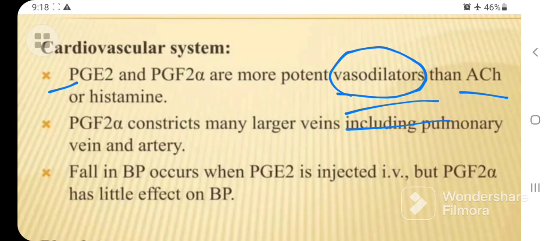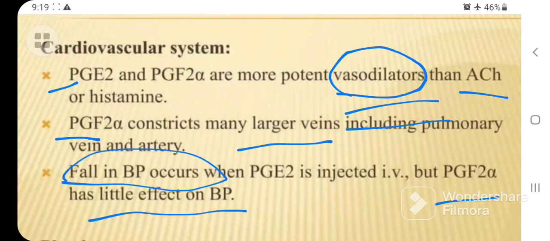And prostaglandins are more potent than these vasodilators. They act on many larger veins, including the pulmonary vein and artery. A fall in BP occurs when prostaglandin is injected. If there is a fall in BP, the reason for the decrease is prostaglandin.